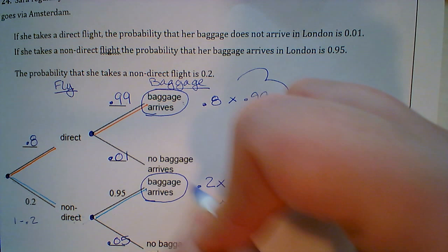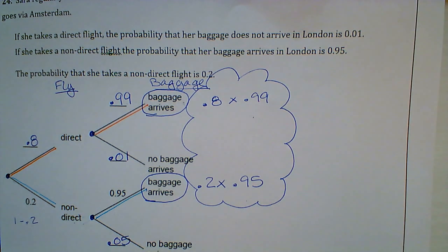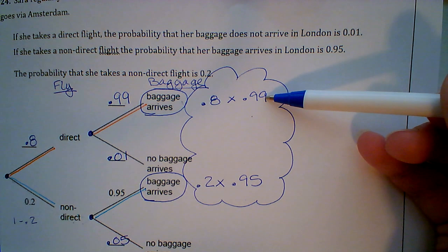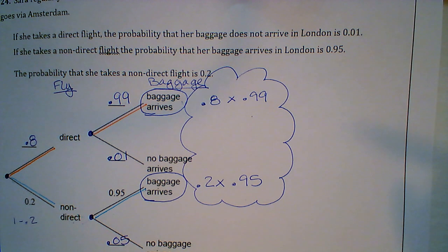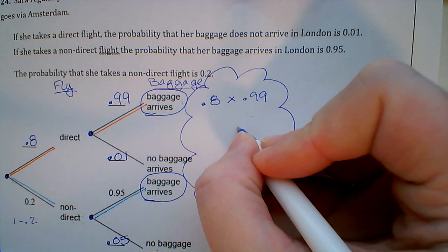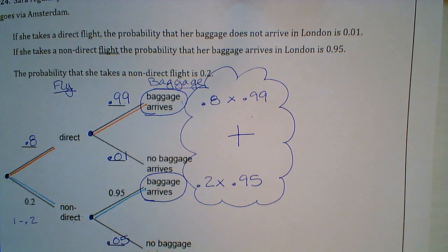Notice I've got two different things on the end of my tree diagram. So this means I can have this path or I can have this path. Now, what do I need to do when I have or? Remember, or means add.